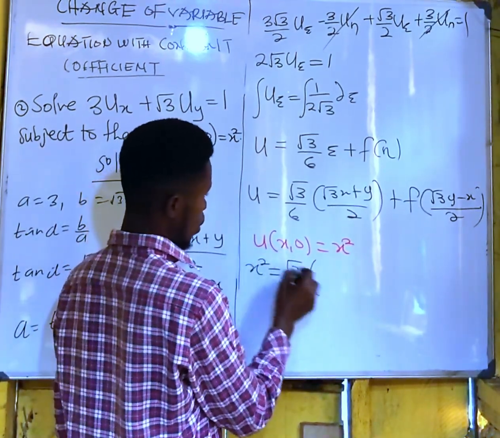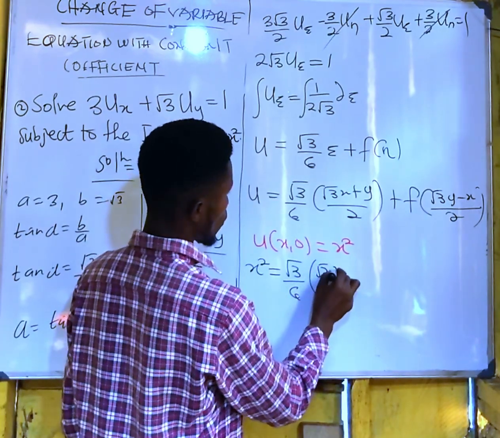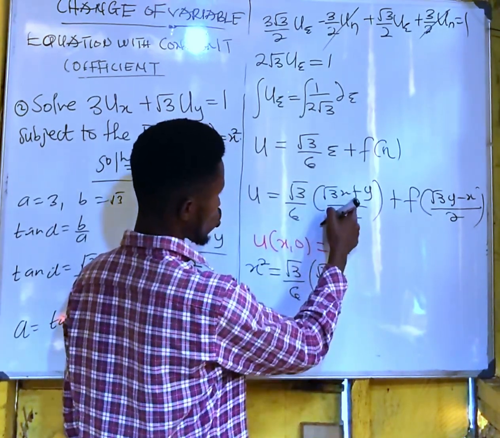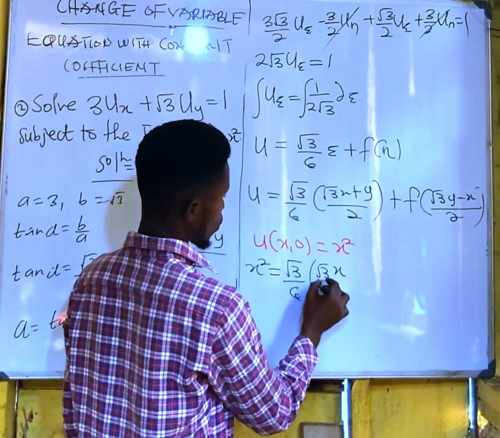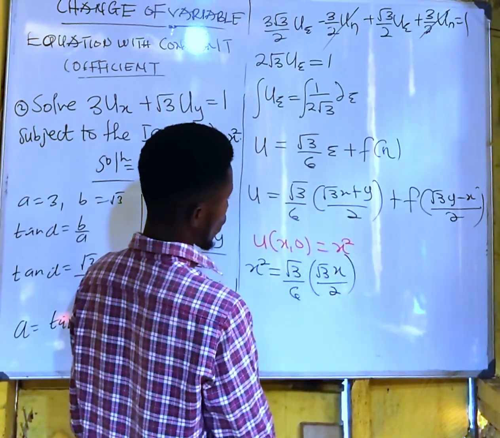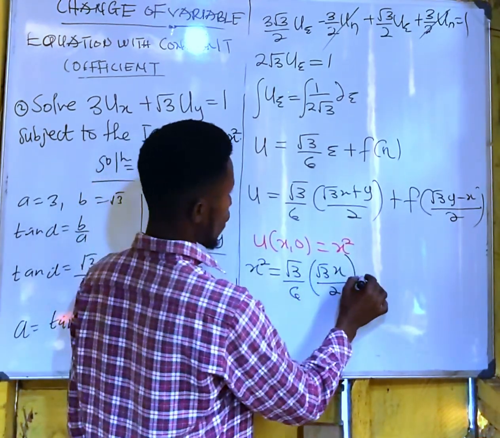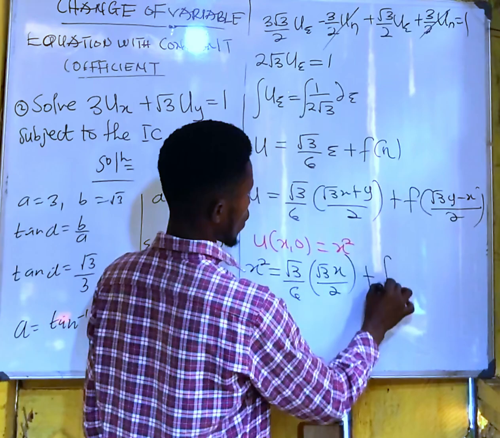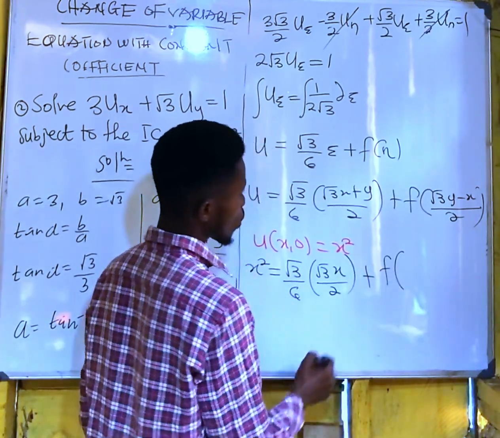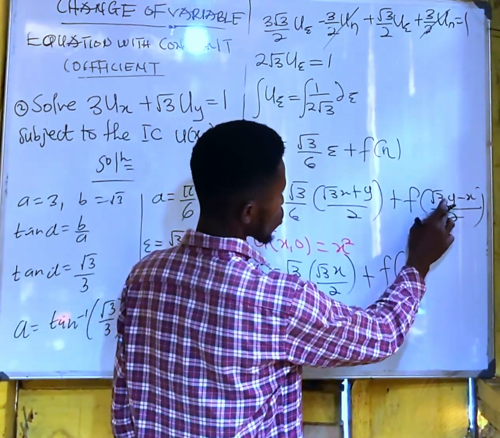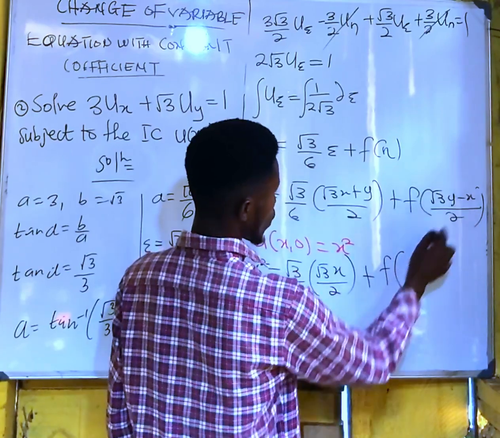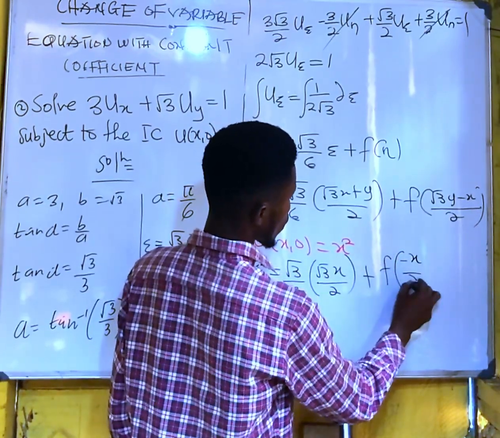X is still x, so wherever I see x, I repeat x. Y is 0, so if I put 0 here, it will still be 0. So let me forget about that one. So this is what I'm going to get, plus f bracket open. This side y is 0, so here will go to 0, leaving negative x over 2.